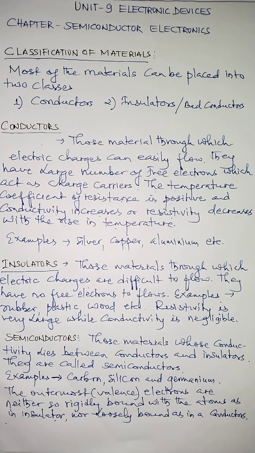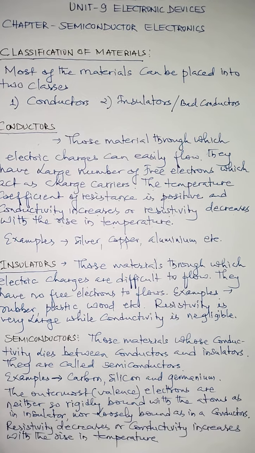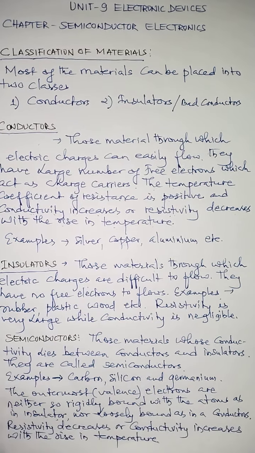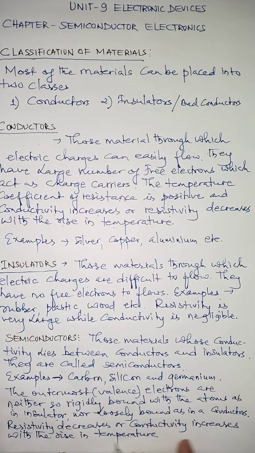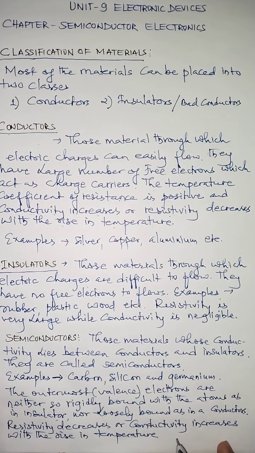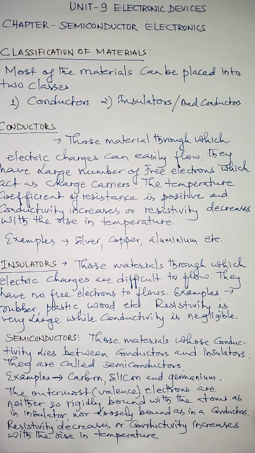Usually, when the temperature increases, the resistance and the resistivity of a semiconductor decrease. With a rise in temperature, the conductivity increases, meaning more valence electrons can detach from the outermost orbit and become free.